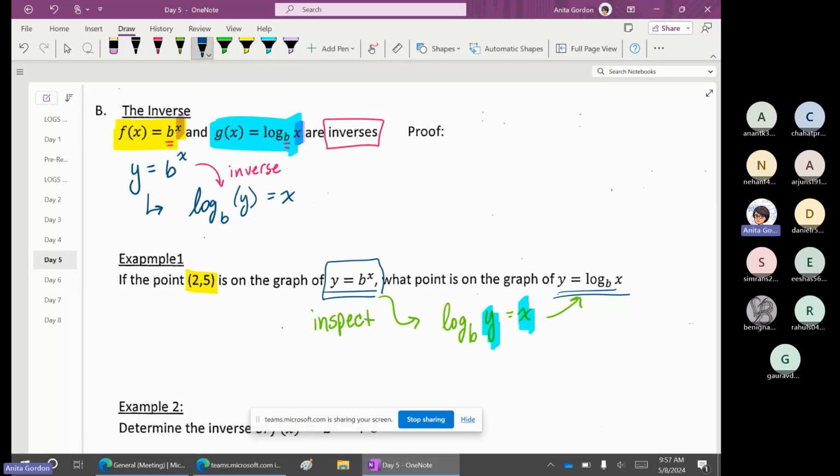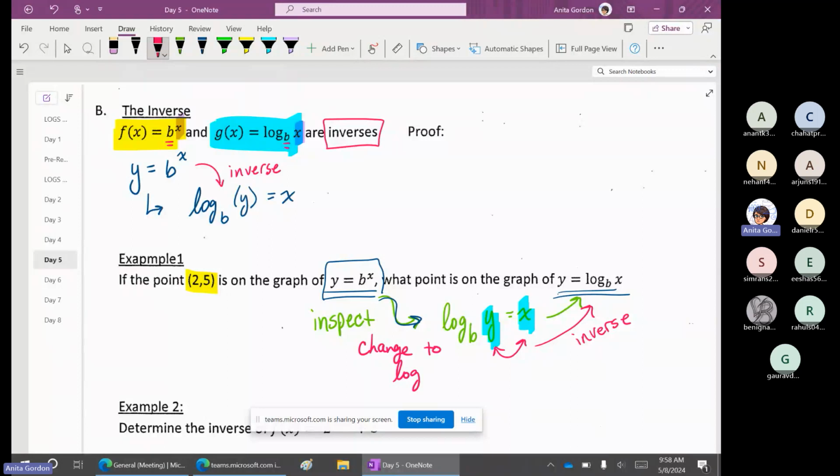This is an exponential that I wrote as a logarithm. That does not change the function. But when I change the position of x and y, that is what makes it an inverse. So I change to log and then invert it by swapping the x and y.